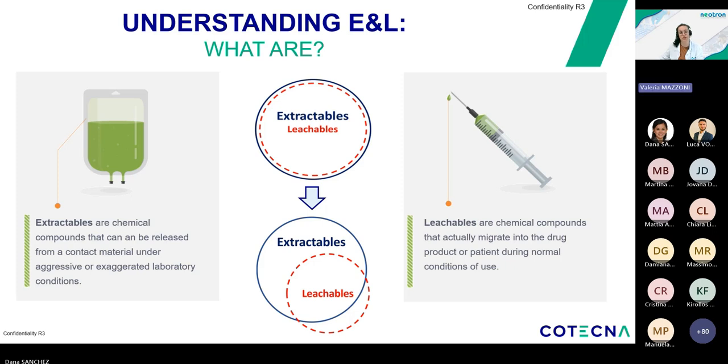Using the proposed definitions, extractables and leachables will be highly correlated, with extractables representing worst-case leachables by both definition and intent. But the relationship between extractables and leachables is actually situational. It can vary from a full and complete correlation to a partial correlation, due, for example, to an interaction between drug product and packaging materials.